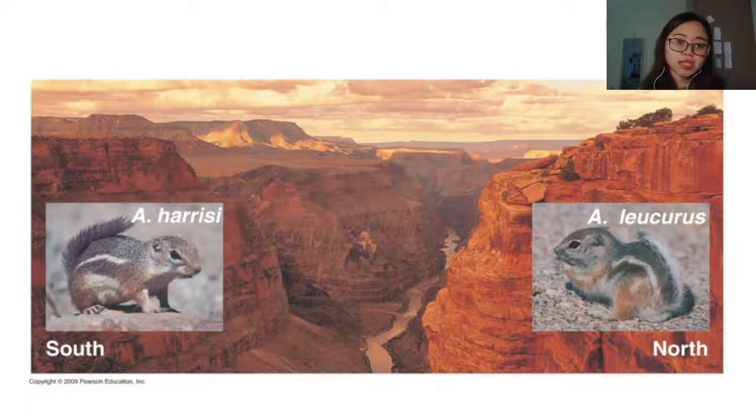So now on the south side of the canyon you would find the A. harrisii squirrels, and on the other side, you have the A. leucurus squirrels. They used to be one same species, but over time they have developed enough genetic differences that they are now two different species.